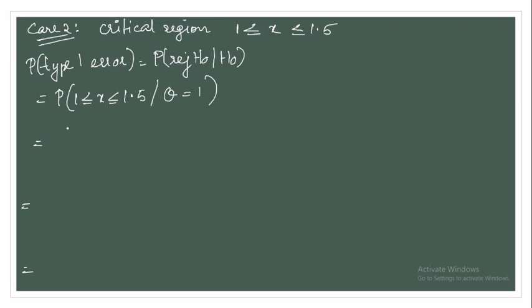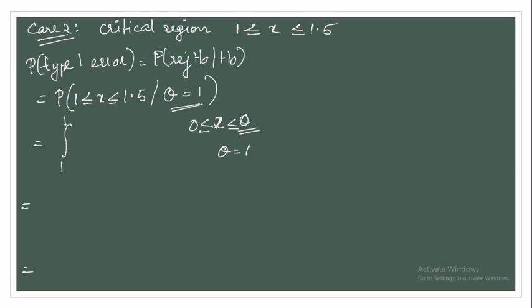Now in terms of integration, let's have a look at the lower bound. Lower bound is 1. What about the upper bound? We know that the value of x lies between 0 less than or equal to x less than or equal to theta. Now theta over here is 1, because it is given H0, theta is equal to 1.